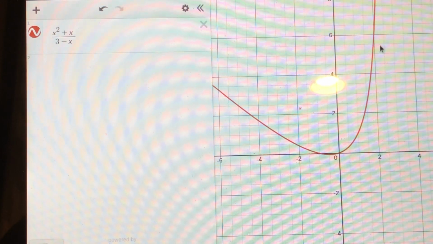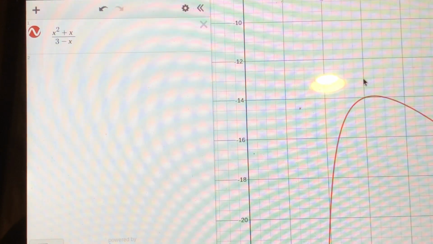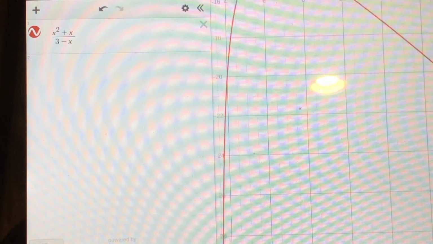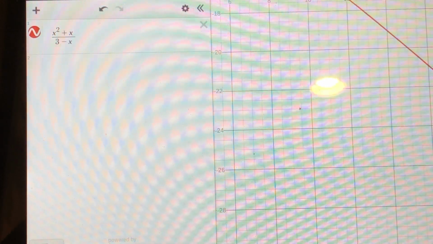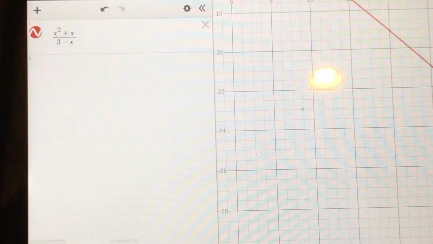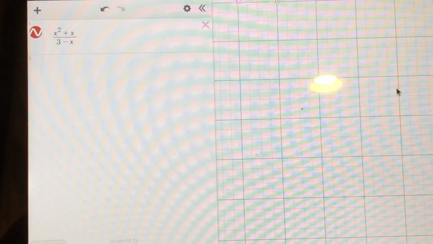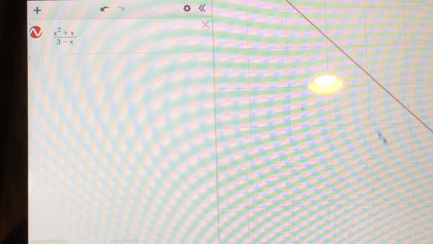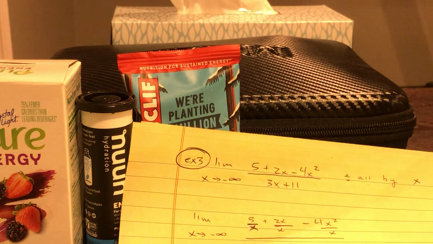It's going to continue to where x is 3, and then it's going to jump down, and everything 4 or more gives you a negative y value. So as x goes to positive infinity, your y value is going south, south, south. And as x goes to negative infinity, what's happening? Your y value is going north, north, north. It's going up forever.